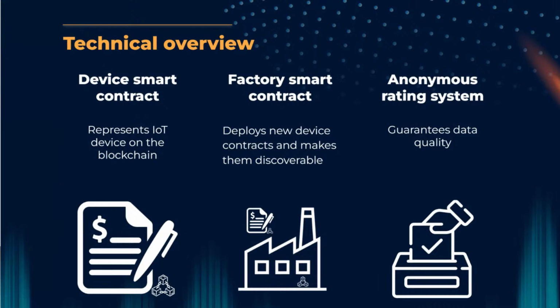Yeah, so you have a device smart contract, and each IoT device has a unique device smart contract. Those device smart contracts are created on the factory. The factory is responsible for creation and management of device smart contracts, and also makes them discoverable.